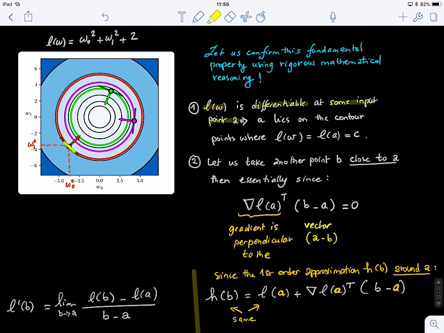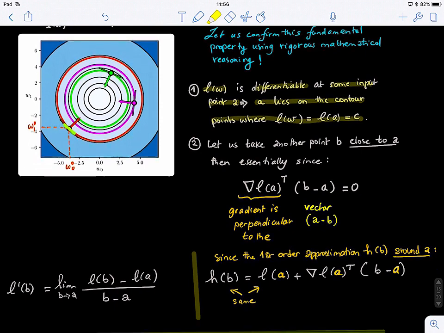In this case, A will lie on the contour where L of W equals L of A, a constant. Which means we're taking a point and picking all the points on the contour that have exactly the same loss value. So we're cutting our curve at that L of A value, and projecting it.